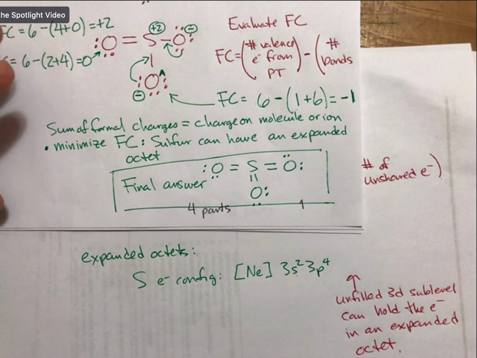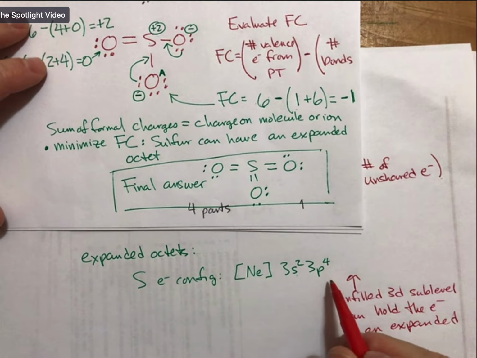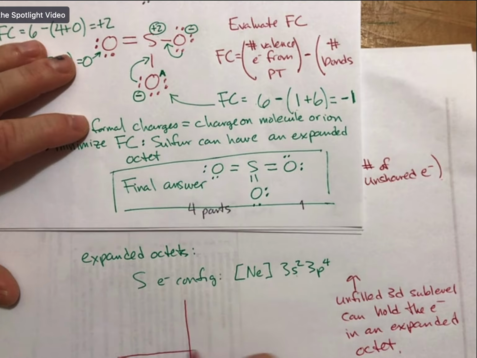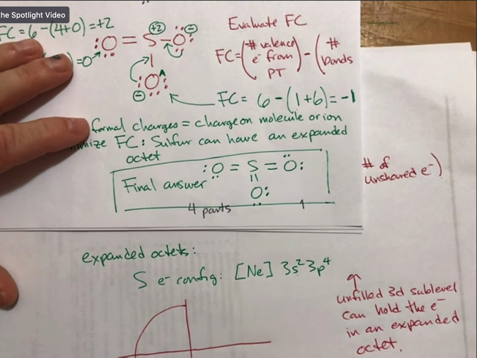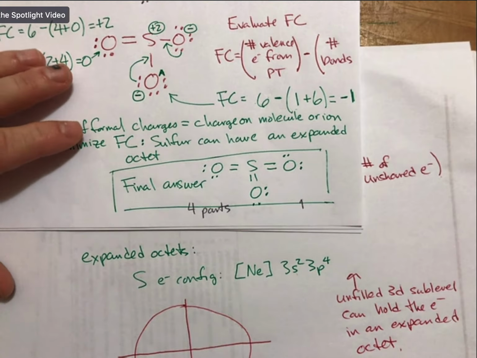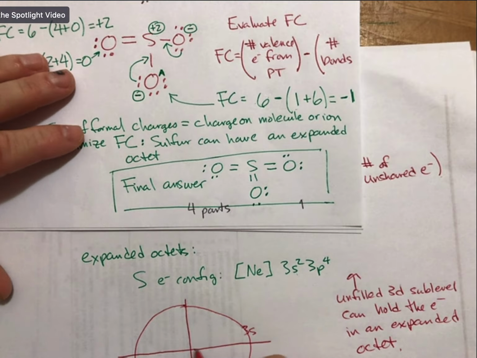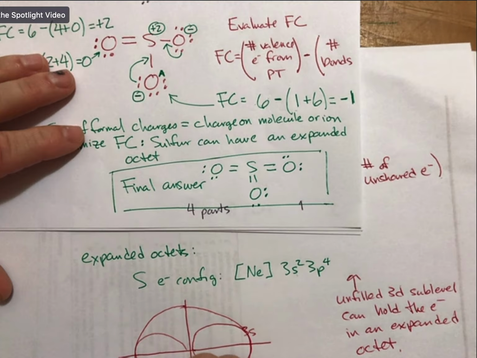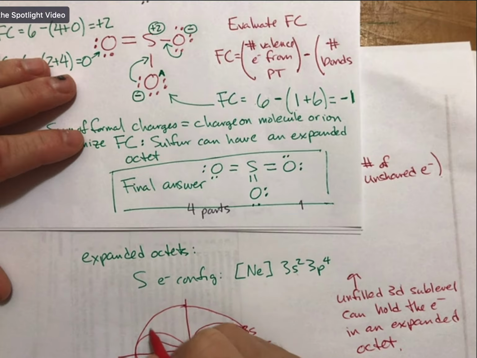Okay? So, our picture of an atom, if we look just at the n equals 3 sublevel, is that we've got 3s, we've got orbitals that we call the 3p's, and then we've got 3d's.